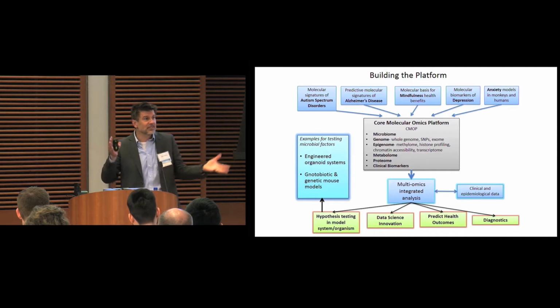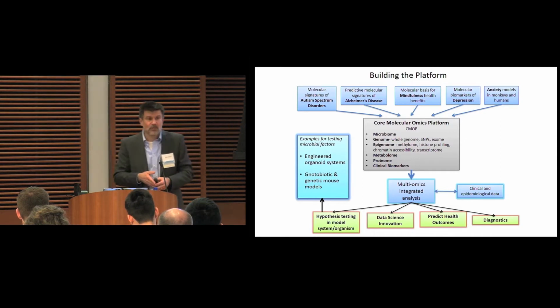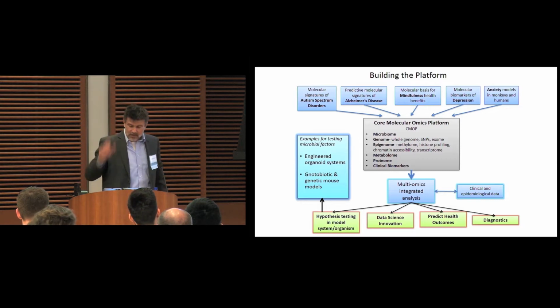I know it's kind of science fiction stuff, but this is what we're talking about right now, and we're excited to build that out with all the help we can get from folks here at Wisconsin.